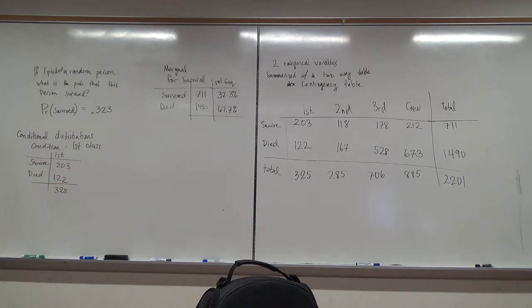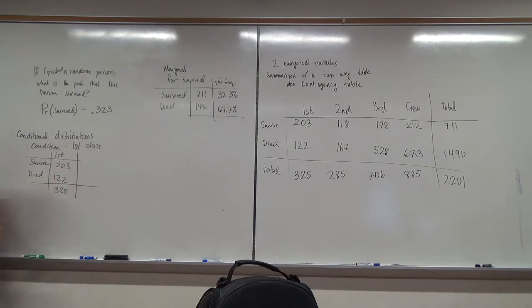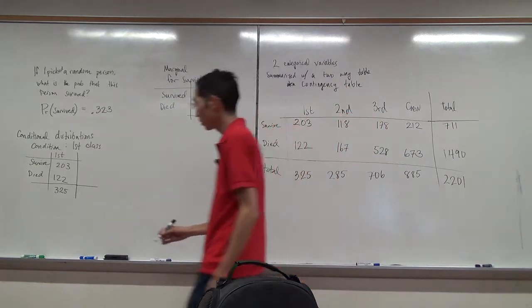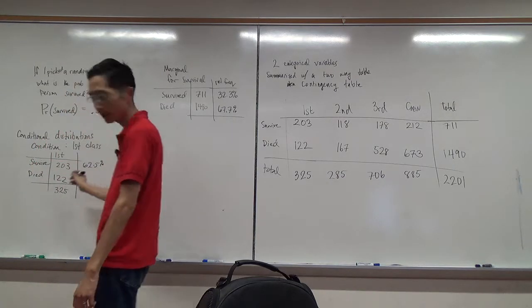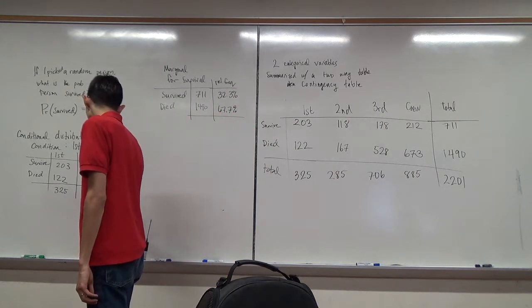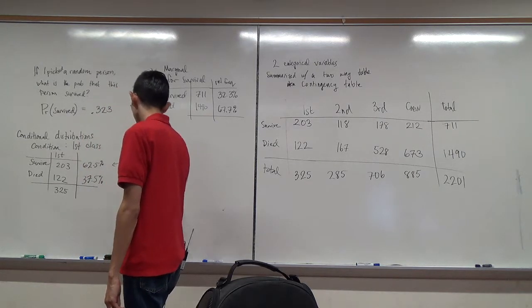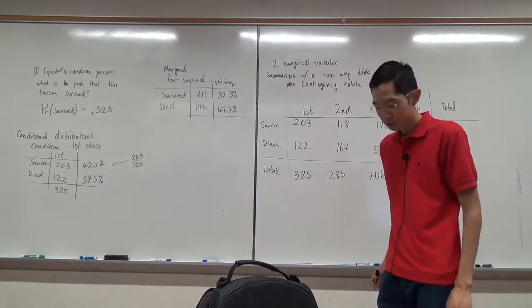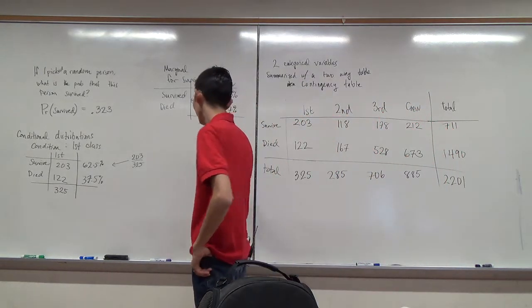And so the conditional distribution for first-class passengers would be 203 divided by 325, which is 62.5%, and 122 divided by 325 is 37.5%. Is that fair? Okay. So just very quickly, tell me the conditional distribution for third class.